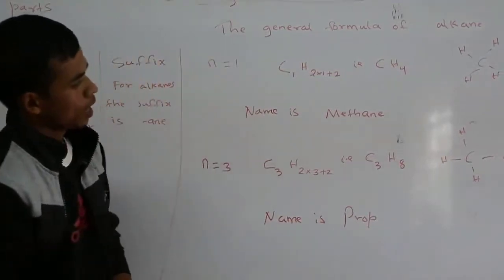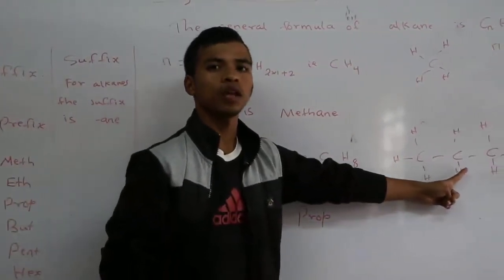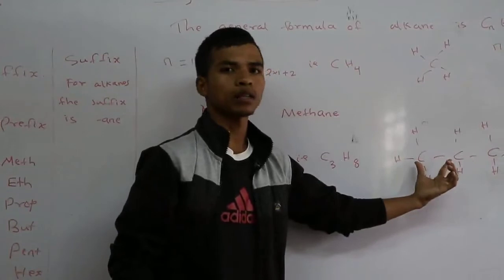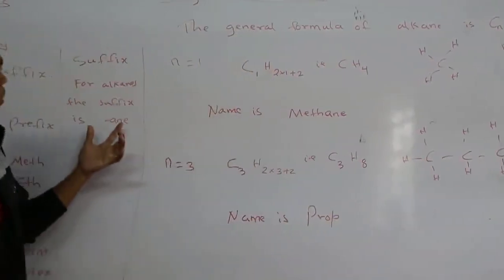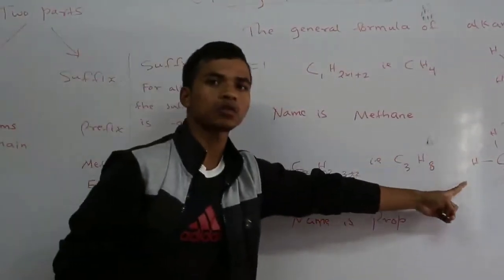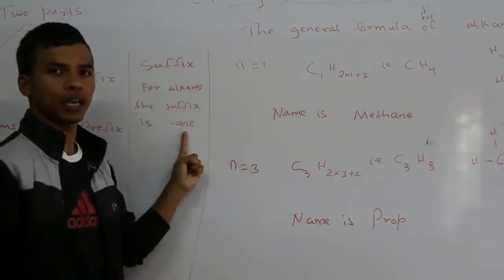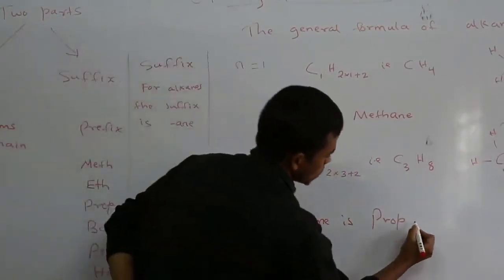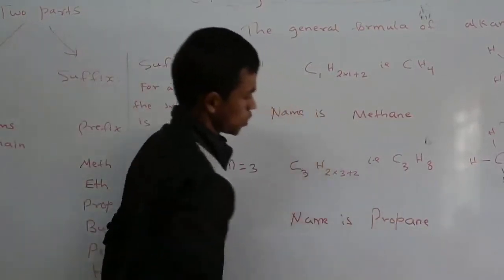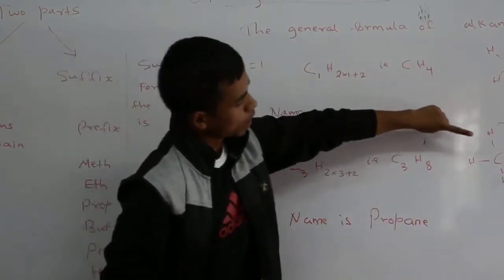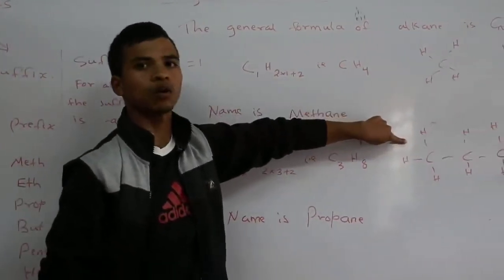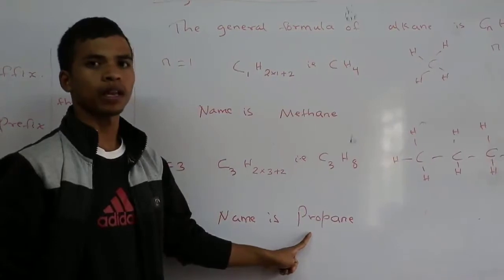But as there are only single covalent bonds between any 2 carbon atoms, it is an alkane. That's why the suffix will be "-ane". So the IUPAC name of this hydrocarbon is propane.